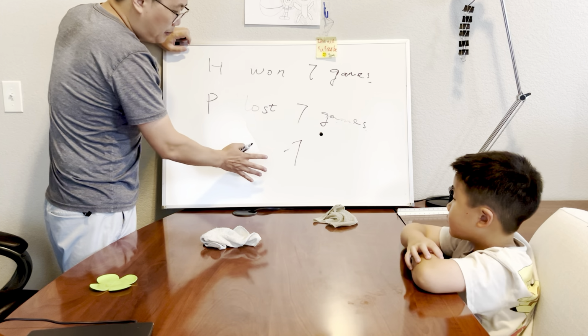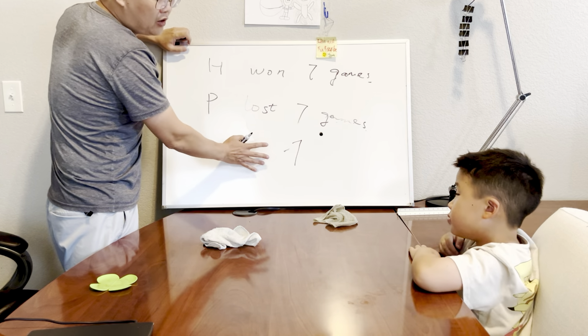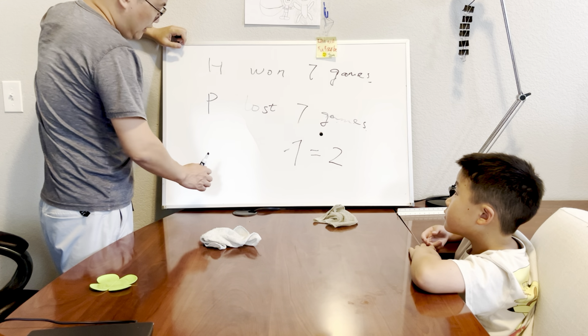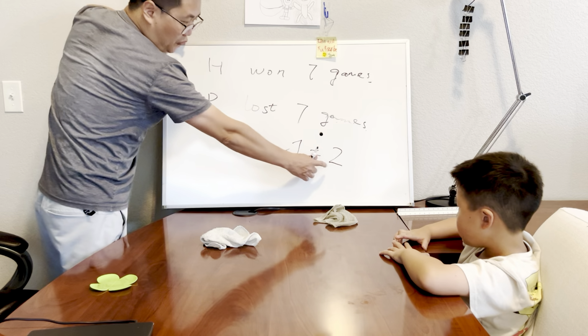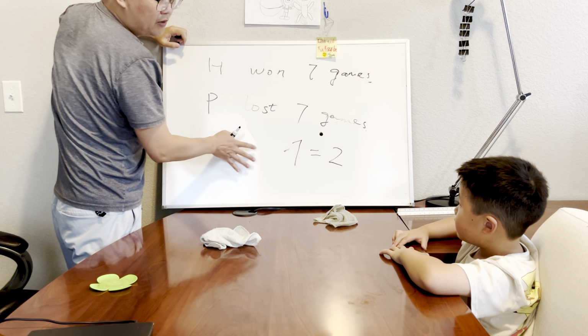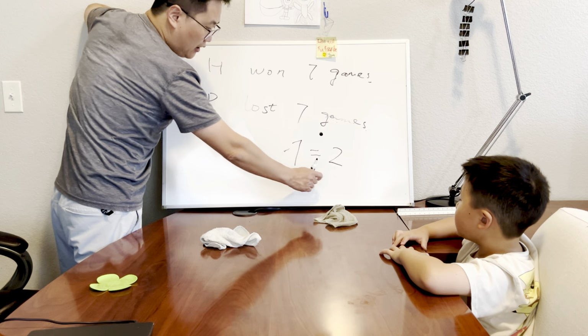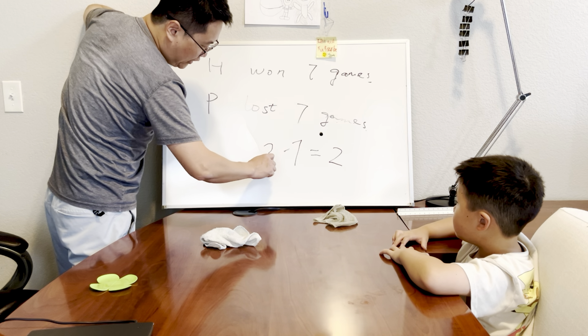But you don't really know how many games P has won. Instead, you know that he has a profit of $2. Profit equals your income subtract the money that you have to pay. So you don't really know how many games P has won.